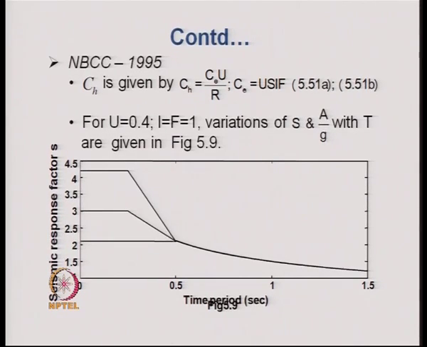If acceleration and velocity both have nearly the same importance, then we take the middle curve, and the last curve is taken where the acceleration is relatively less important compared to the velocity. And after 0.5 all the curves merge together, and we have one curve showing the variation of the seismic response factor S with T.